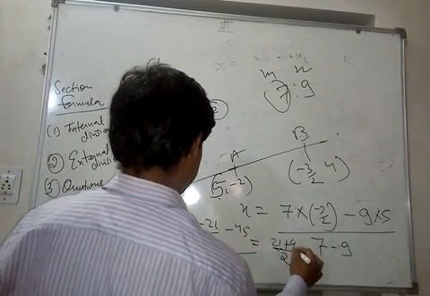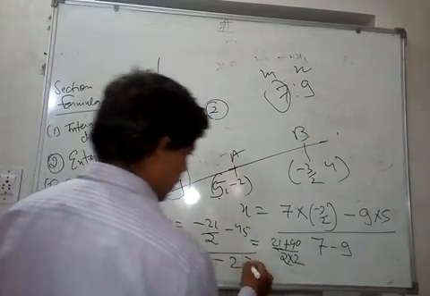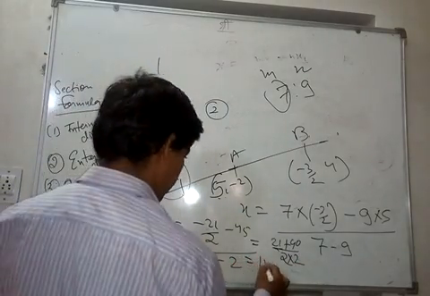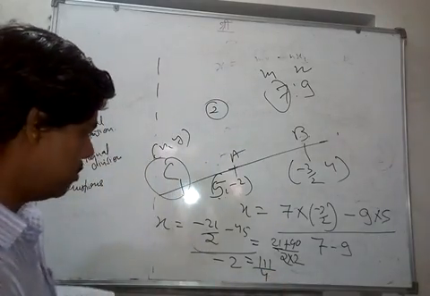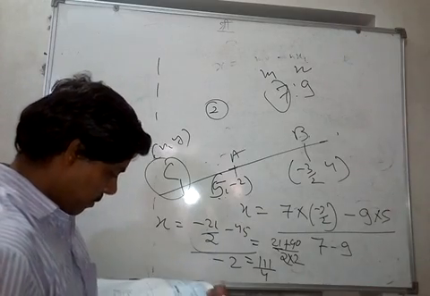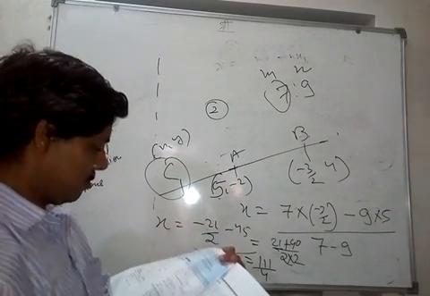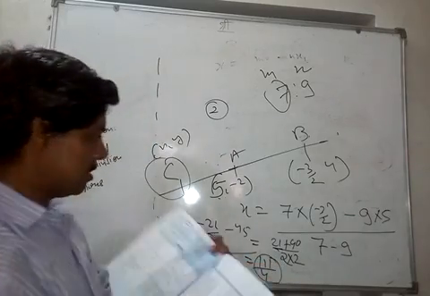This will become plus 90 and this is 2. So you will get 90 plus 21 is equal to 111 upon 4. You can convert this into mixed fractions and you will get 27 3 by 4, because 27 fours are 108 plus 3. So that is okay, x coordinate.